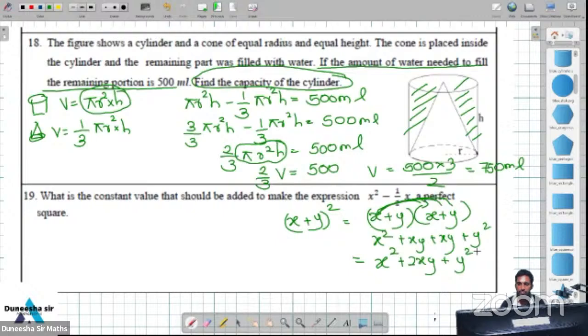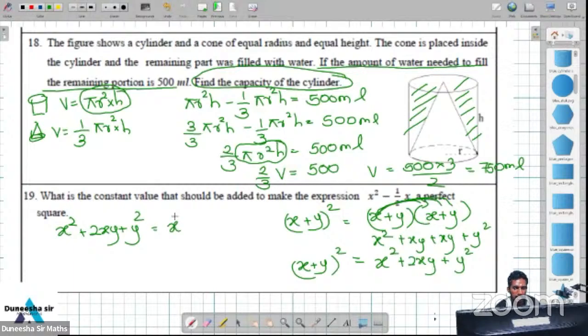How do we get it? x squared plus 2xy plus y squared equal to x squared minus 1x.